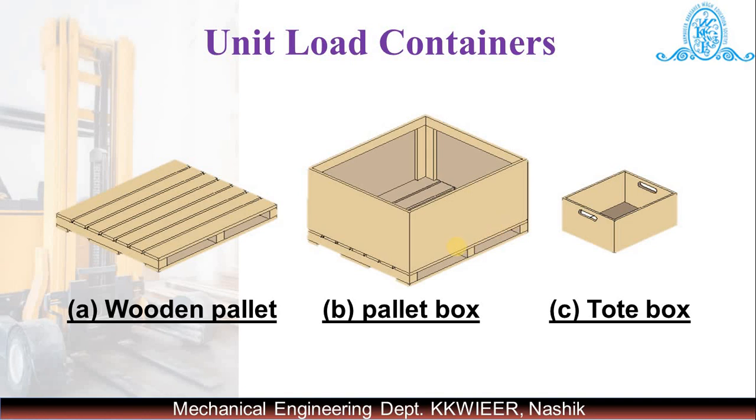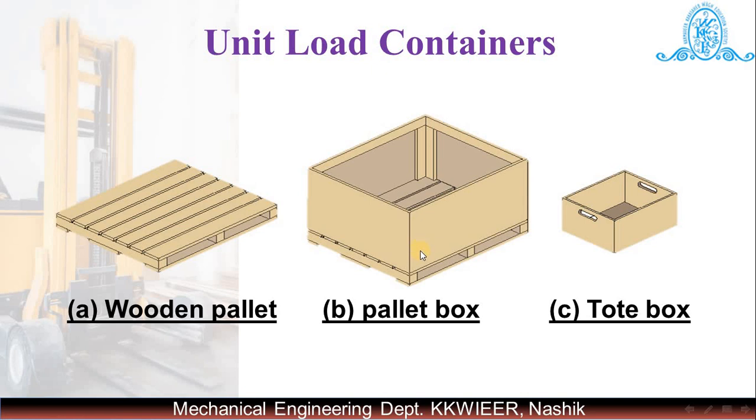So we can try to understand the basic three types. First one is simply the pallet, maybe a wooden pallet. Small wooden strips are arranged in a square or rectangular pattern on which the products can be transferred. Second, pallet type but in the form of a box. It may consist of a wooden structure or a metal structure.